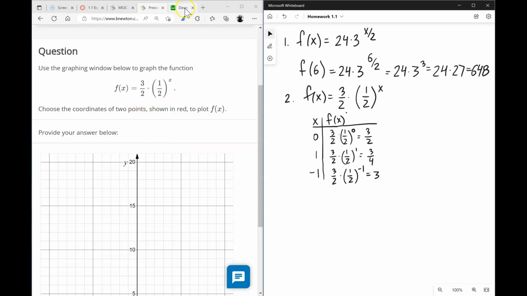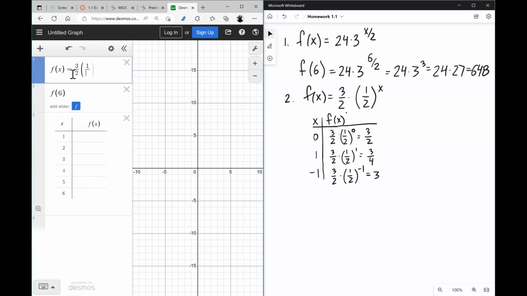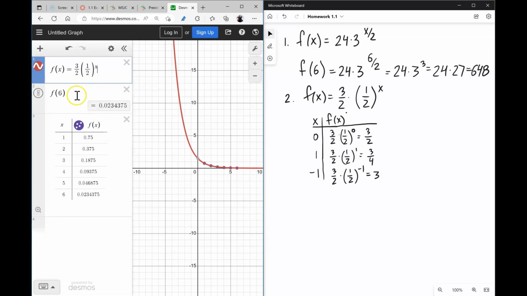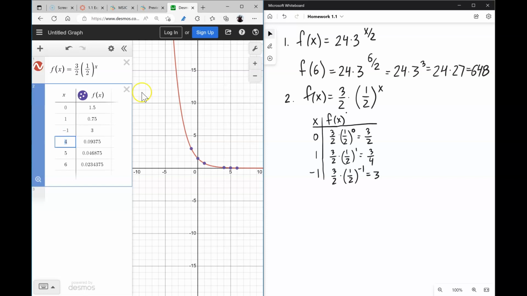We can verify this by looking at Desmos, and let's just make this table a little shorter. We're getting exactly the same values as expected.